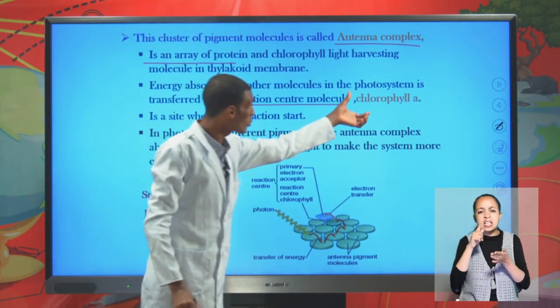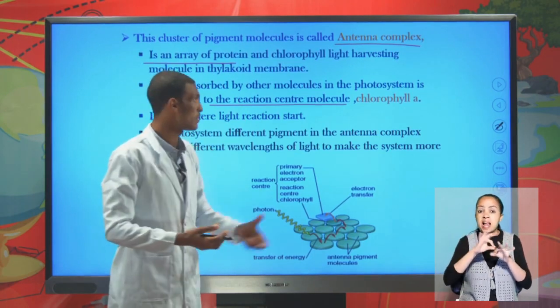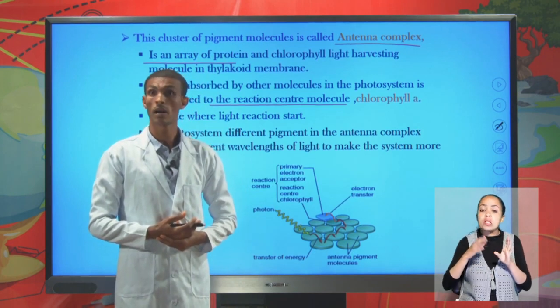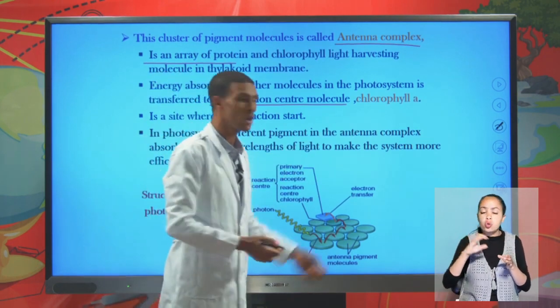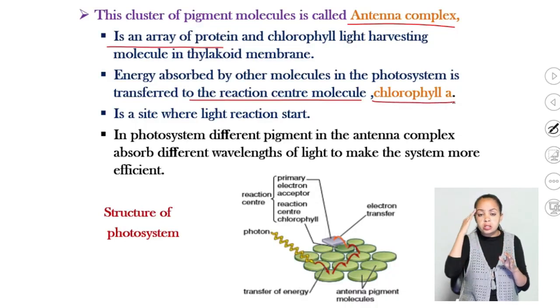There are different pigment molecules found in plant leaves, for example chlorophyll B, xanthophylls, carotenoids and chlorophyll A. Of all these, chlorophyll A is considered the reaction center molecule.